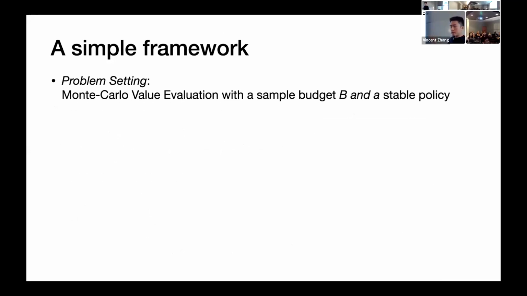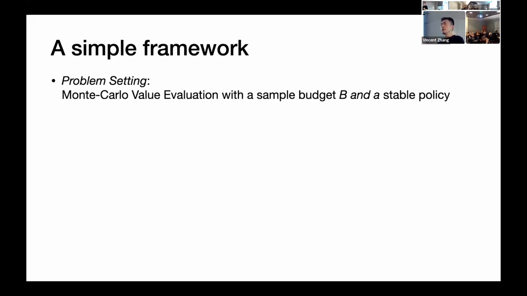Now the problem setting, just to summarize, we run Monte Carlo based on a Riemann estimator to estimate the value, given a finite sample budget B and a stable policy. And the stable policy is just so that the cost doesn't get crazy, because here the system state is unconstrained.